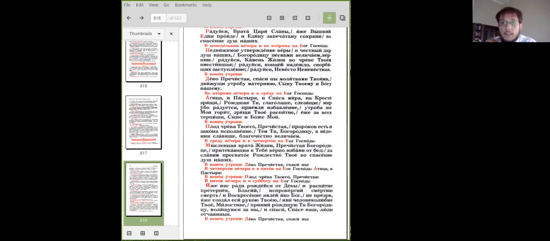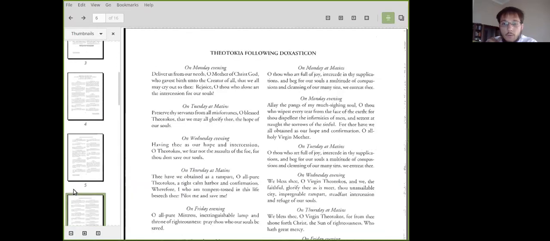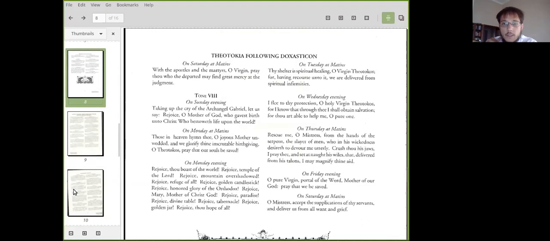So let's take a look at the English. Now the English, there's a slight complication that you're going to see in just a second. For reasons that I don't know and don't understand, the materials for Appendix 3 in the English are part of Appendix 1. I'll show you that in a second.